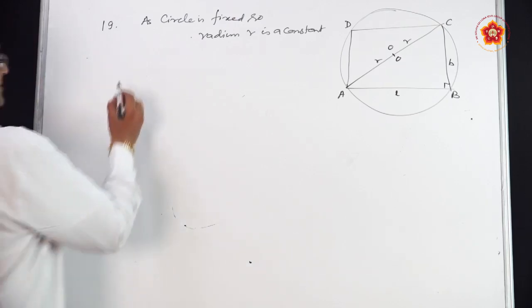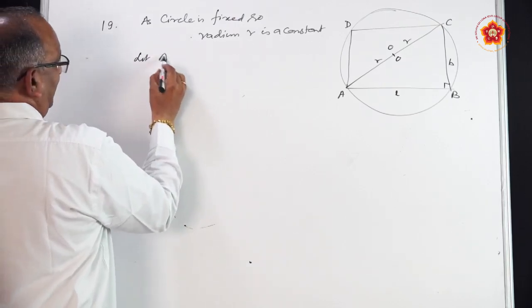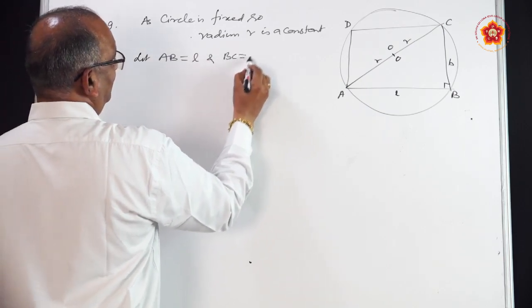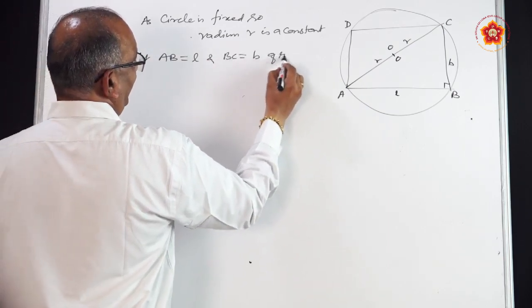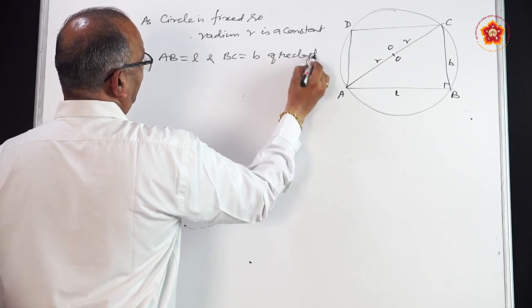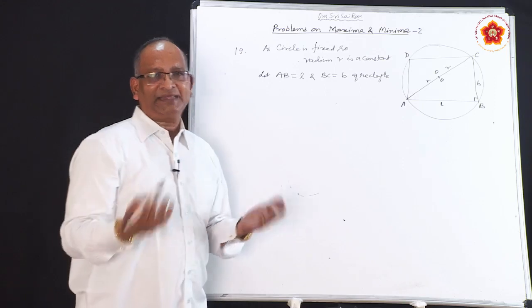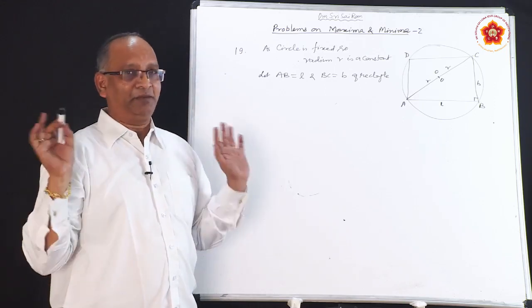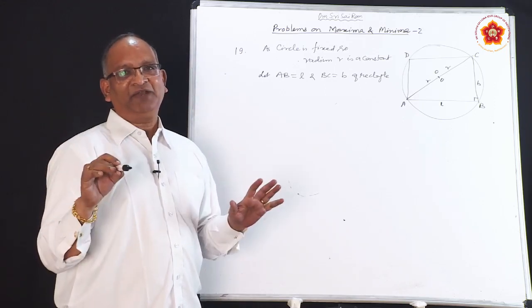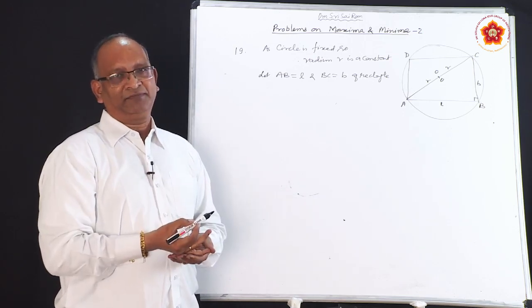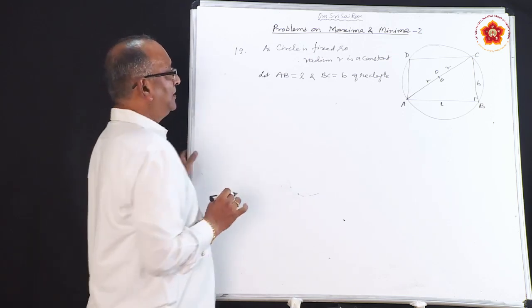Let AB equal to L and BC equal to B of the rectangle. Now it is up to you, you can take it as L and B, or you want to take x and y, but remember both are variables. If you have confusion by taking L and B as variables, you can take them as x and y. Remember both are variables.